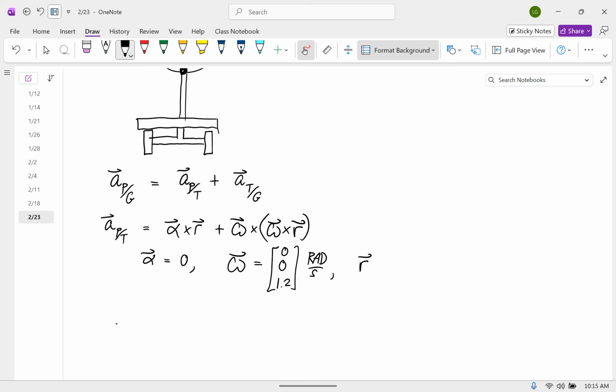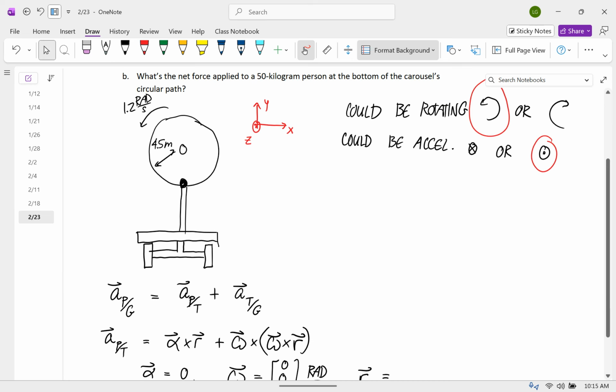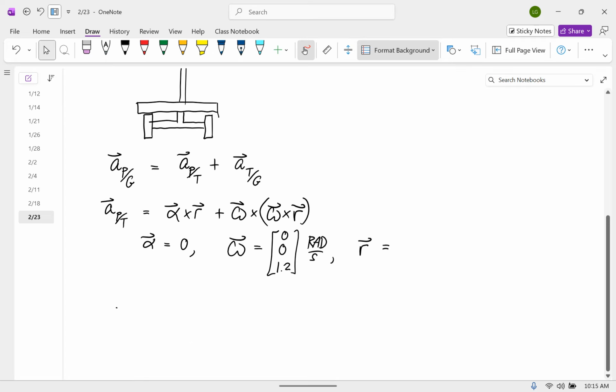And then r, this has a radius of 4.5. Think of the definition of the r vector. It's from the center of the circular or spherical motion to the point we care about. So that's the negative y direction. So that's 0, negative 4.5, 0.